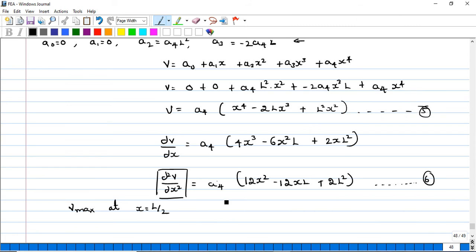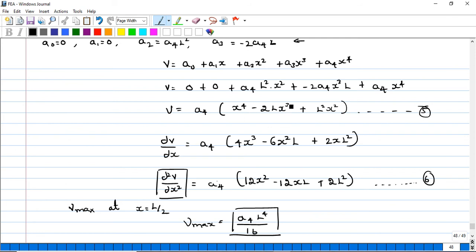If I substitute here, v max will be a4 l raised to 4 by 16. Okay, very simple substitution. Here you need to substitute l by 2. So what I will get, l to the power of 4 by 16. Same.